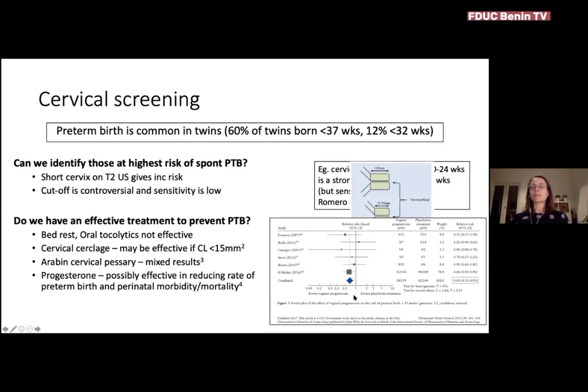But you can see from this meta-analysis here that the overall result of all of the studies shows a slight improvement in preterm birth, less than 33 weeks gestation, but a majority of that effect is from this one large study, which has some methodological flaws, and all of the other studies are quite small and have wide confidence intervals that cross one. So there is still some doubt about whether progesterone is as effective in twins as it is in singletons.